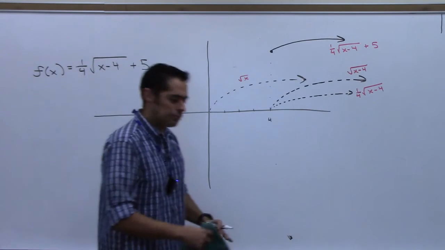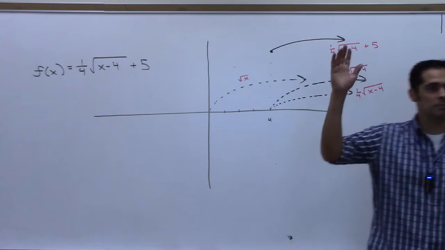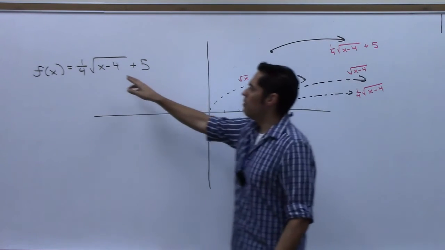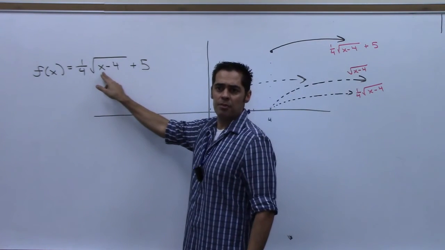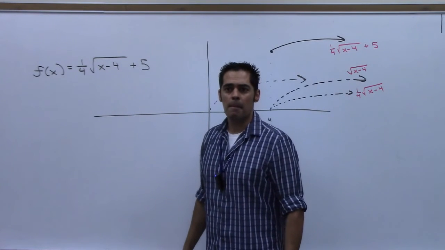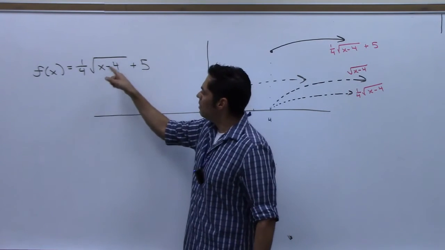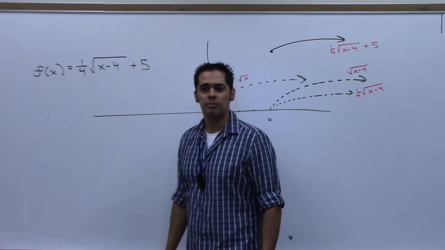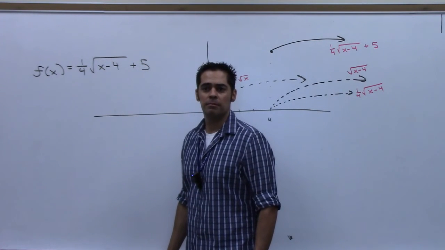All right. I need a volunteer. Is it possible for me to plug in a number right here and get out an answer of 2? Is there an x I can plug in and this will spit out 2? Why? 8.